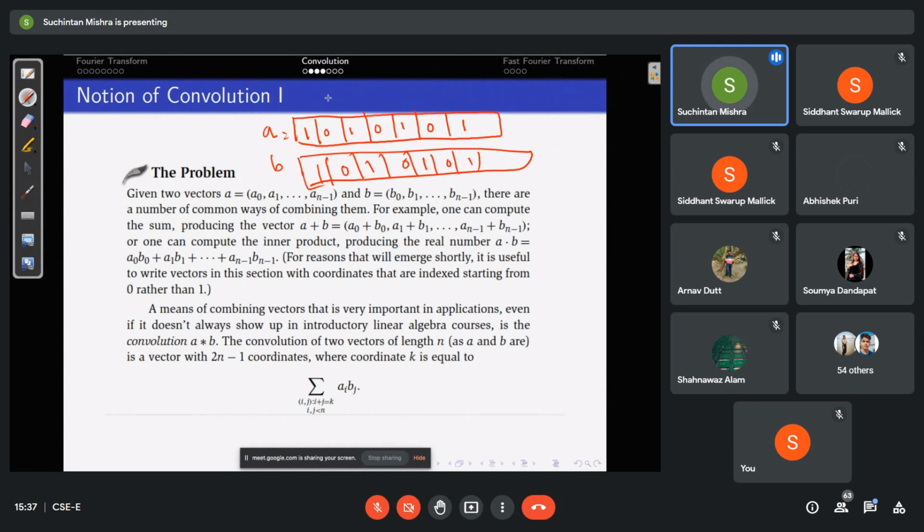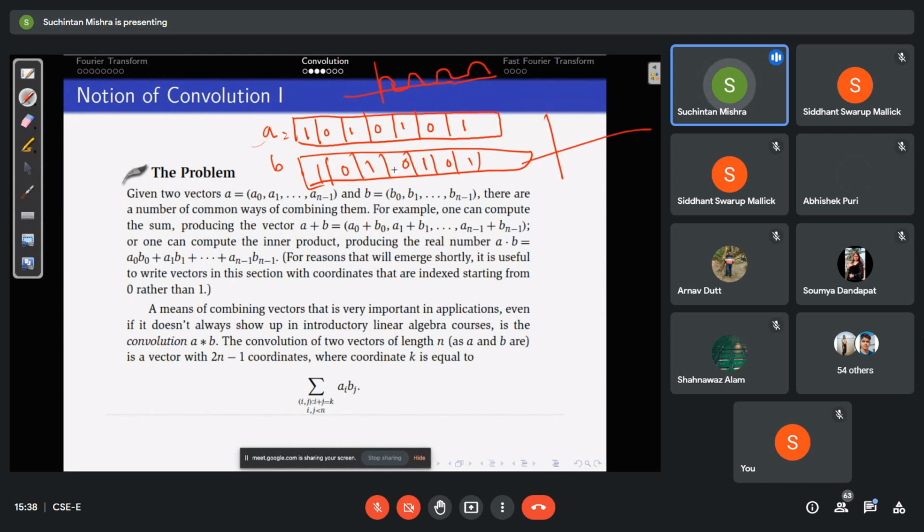How will the signal be represented? At time 0, the value is 1. At time 2, the value is 0. At time 3, the value is again 1. Then there is a 0, then a 1, then a 0, then a 1. This is how the signal A is going.